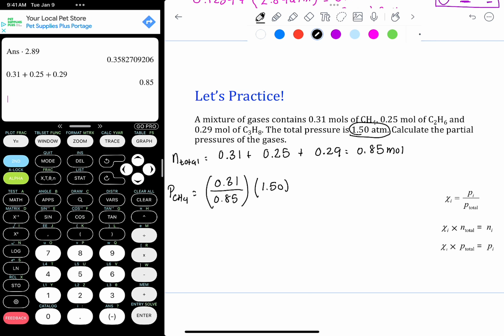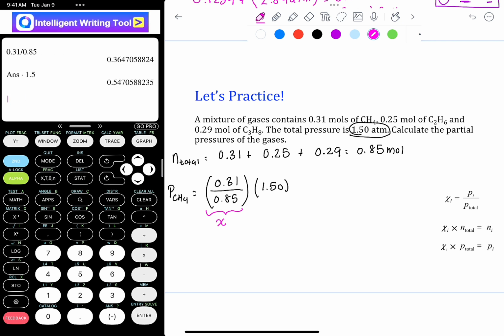So I just kind of simplified what I did in my previous example. This is chi. So we take 0.31 divided by 0.85 and then multiply that by 1.5. So that would give me a partial pressure for CH4 of 0.55 atm.